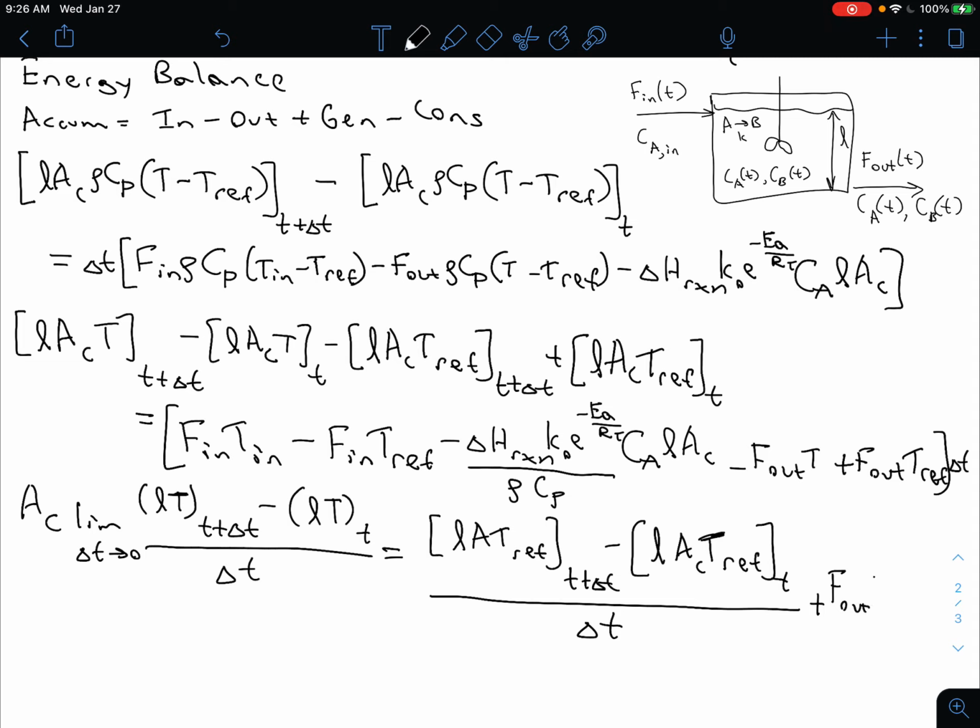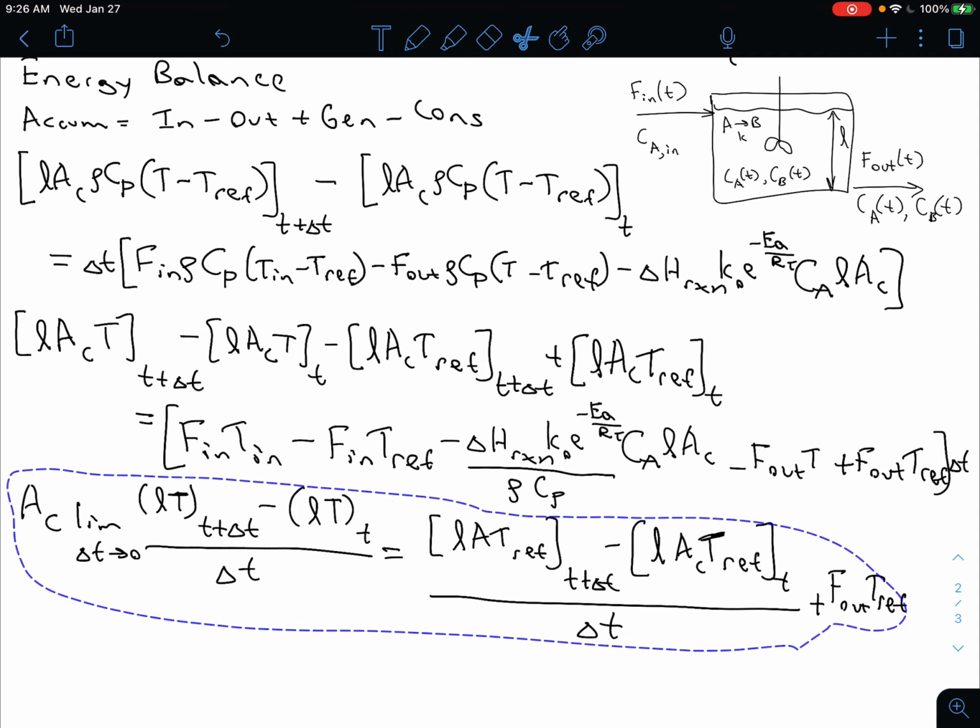Plus F out T ref. I'm going to make this a little smaller just to fit on the line.